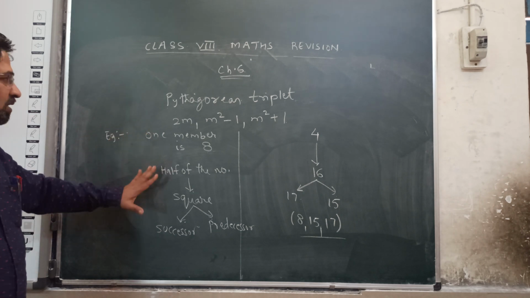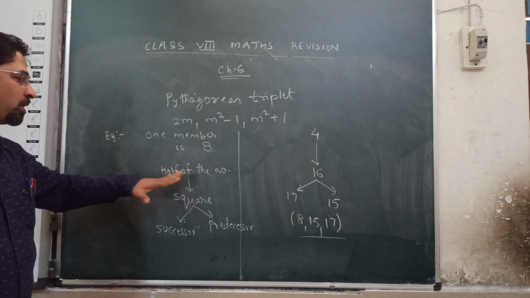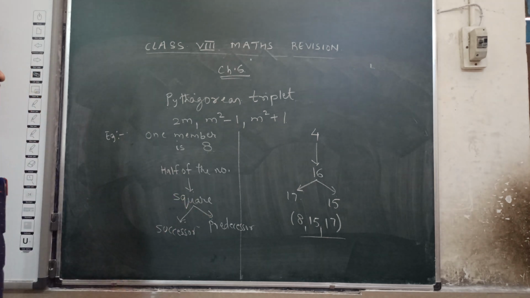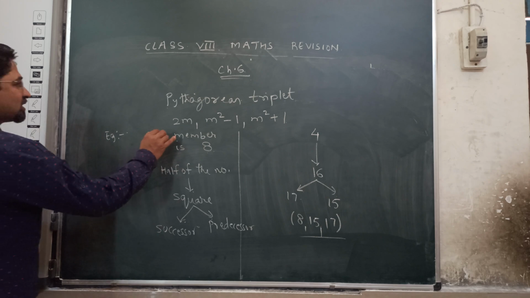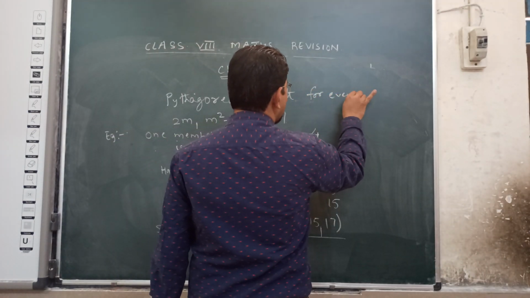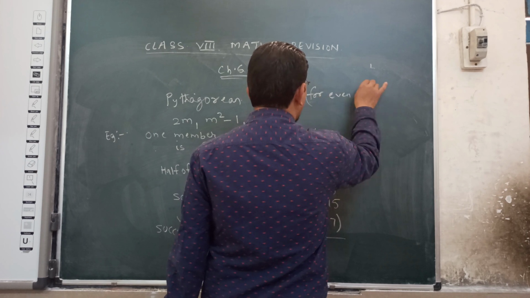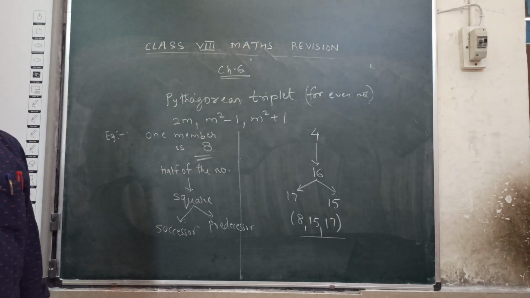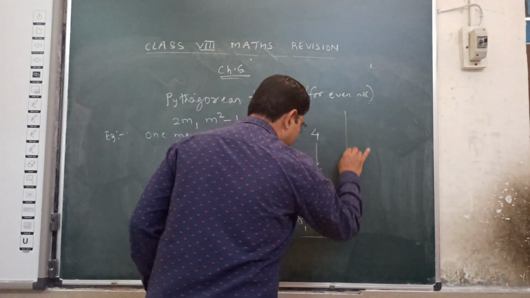Very easy, just remember this: half of the number, then find out its square, then write its successor and predecessor. This is for even numbers only. Similarly, let's take one more example.